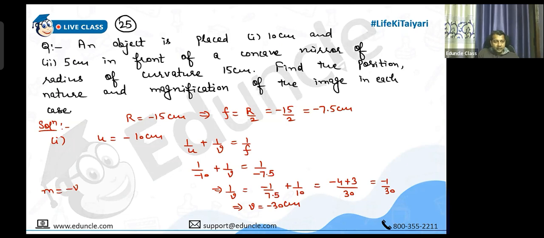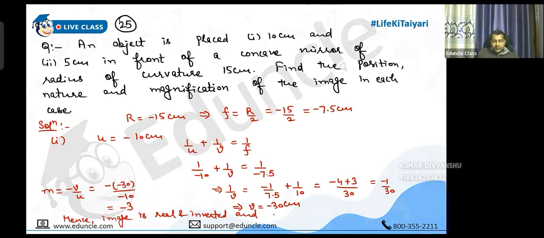So in this case, the magnification will be negative. Hence, because magnification is negative, the image is real and inverted, and 3 times the size of the object.